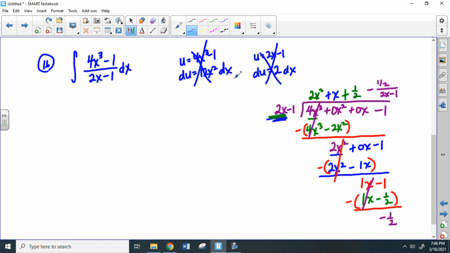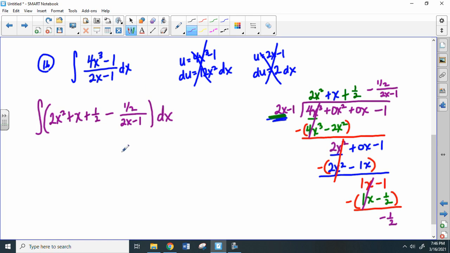So what we have just done is we have turned this original integral into the integral of 2x squared plus x plus a half minus 1/2 over 2x minus 1. Now you're allowed to simplify that a little bit, but I'm going to leave it like that for now, okay? All right.